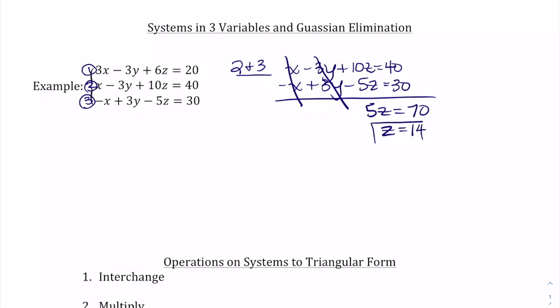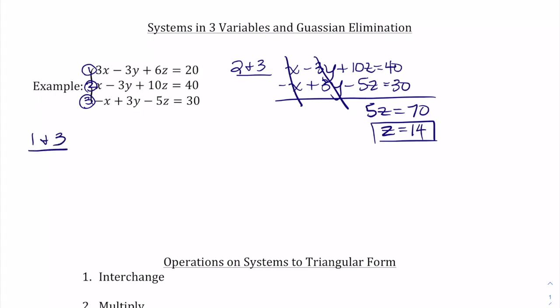Now that was actually nice and really easy because I didn't have to do a lot of work and I've already solved for a variable. Sometimes you may have to take equations 1 and 2 and also cancel the same variable in order to be able then to keep working. So for the next step, I would take equation 1 and equation 3.